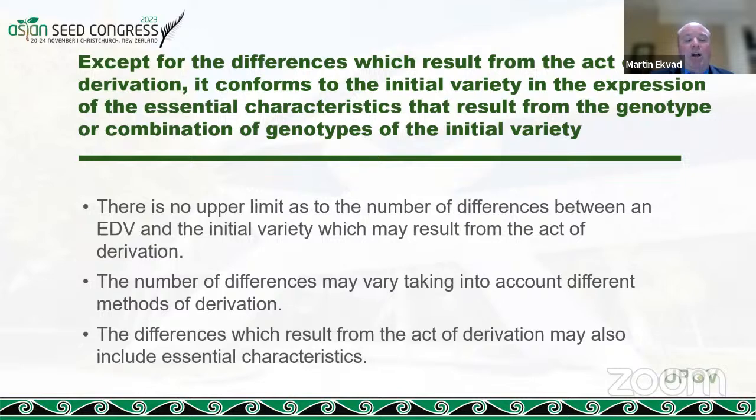And here it is now stated in the explanatory notes that there is no upper limit as to the number of differences between an EDV and the initial variety, which may result from the act of derivation. So there is no limit in the convention on this. That's important to note. The number of differences may vary, taking into account different methods of derivation, and the differences which result from the act of derivation may also include essential characteristics. So next slide, please.